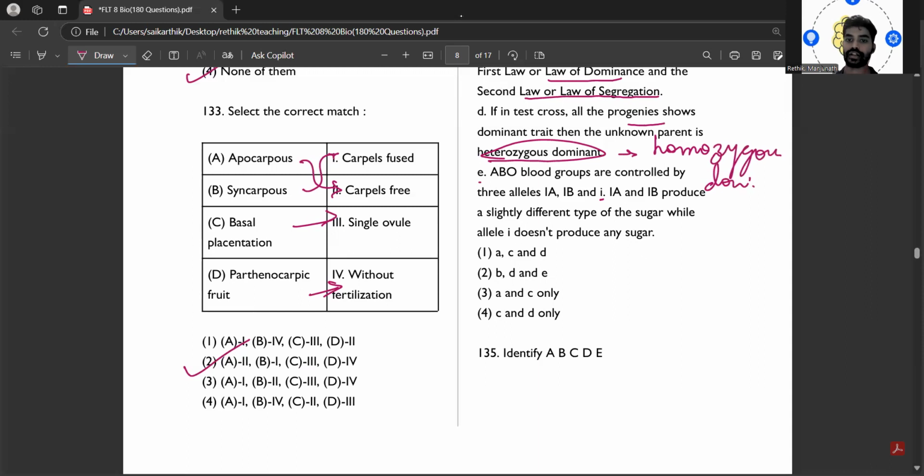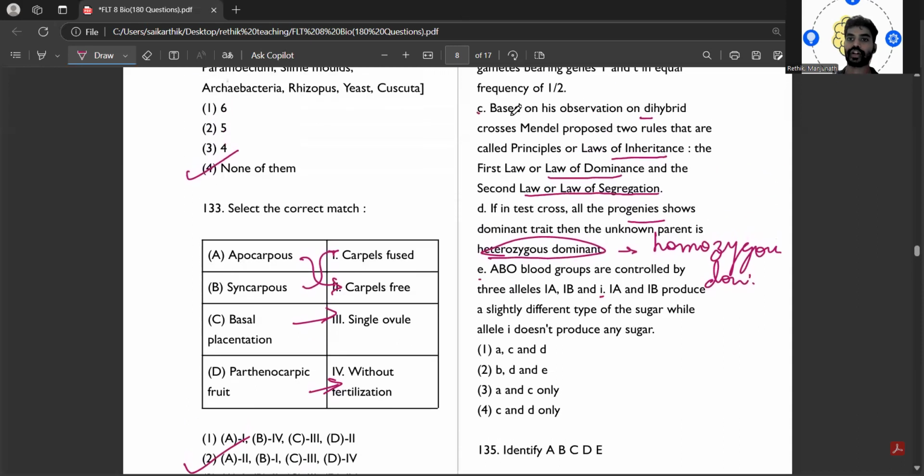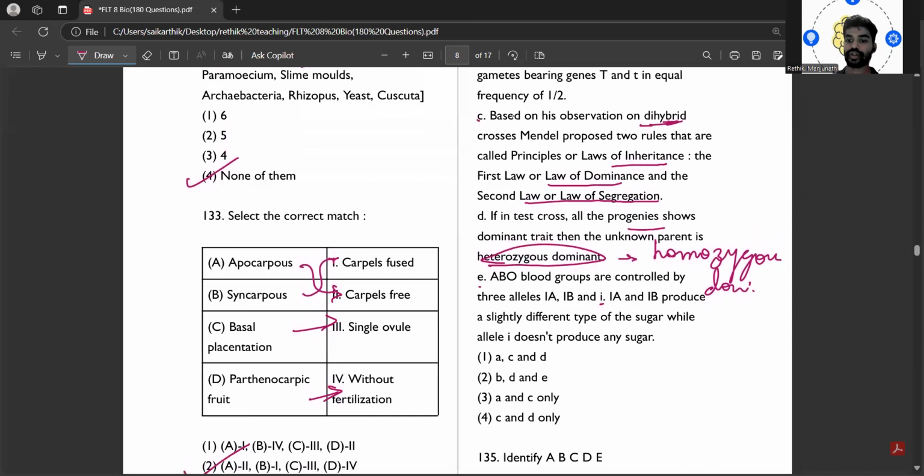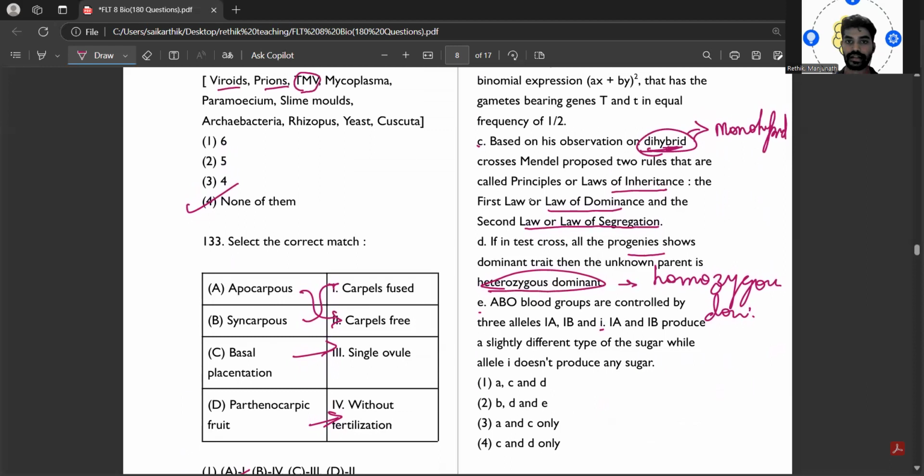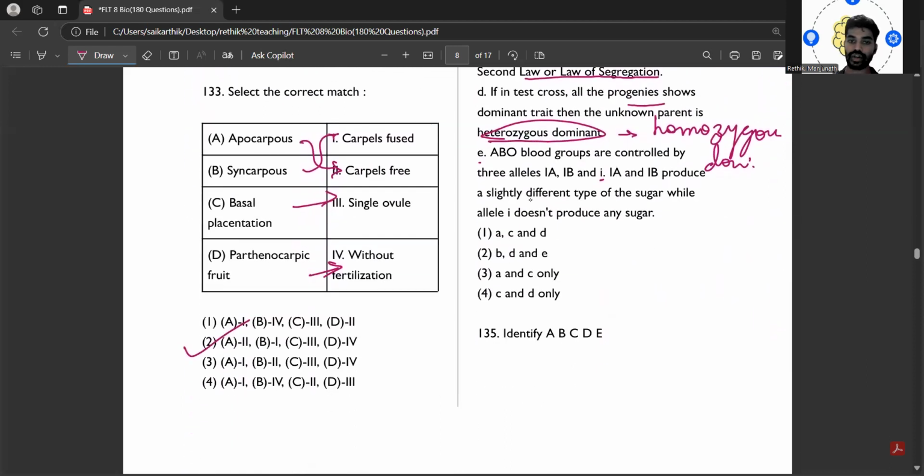So A is wrong, D is wrong, and C is also wrong because Mendel's work was actually based on monohybrid crosses, not dihybrid. So A, C, and D are wrong. Correct?